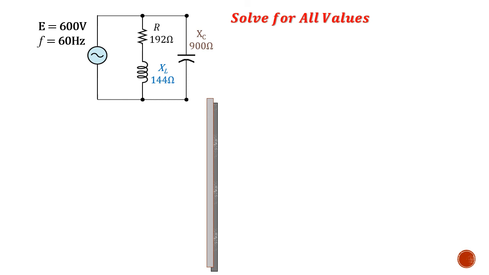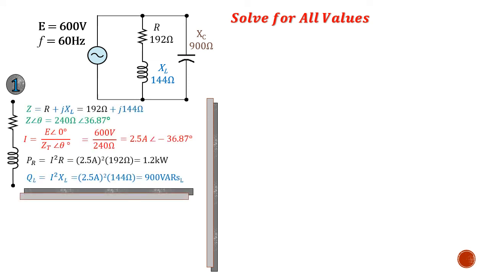So if you want to work on this problem on your own and compare your answer to mine, pause the video now. So starting off this problem, we'll do the first branch with our RL combo.